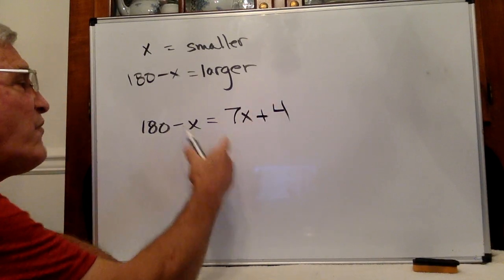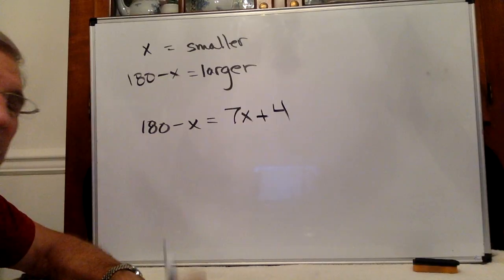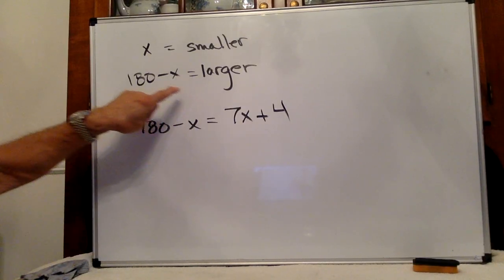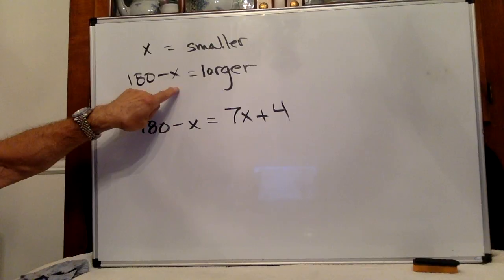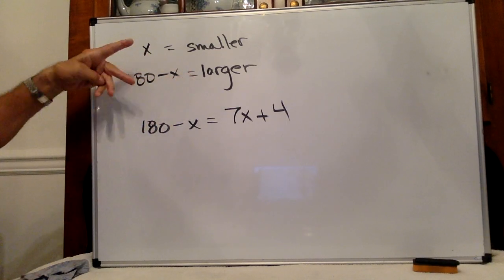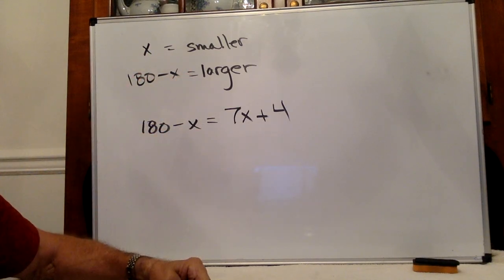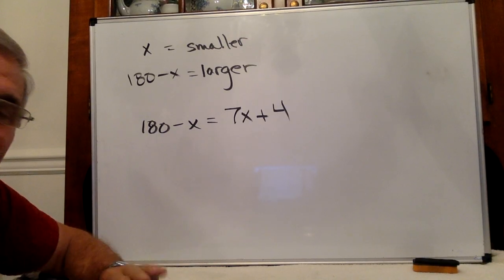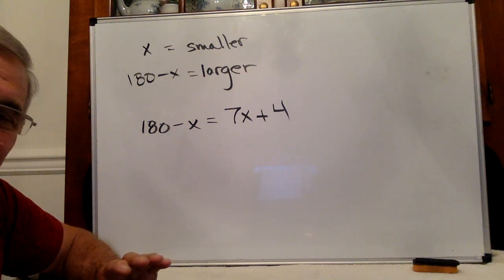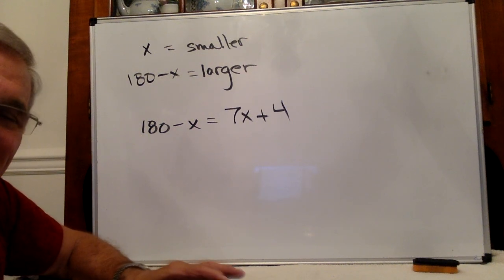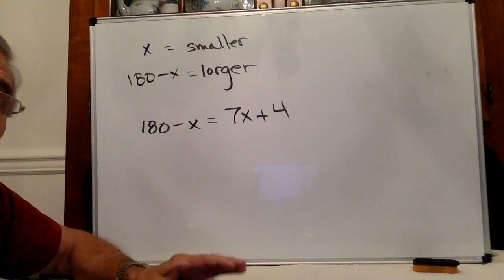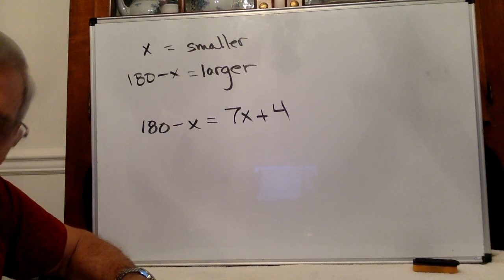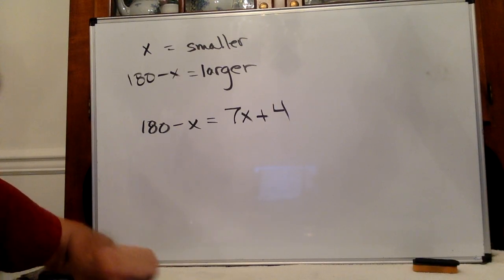And this is 4 more than 7 times the smaller. That's why I picked the x to be the smaller and this to be the larger. If you flip these, you're just going to have a bigger multiplication. More margin for error. Always try and pick it so that when you actually have to do the problem out, there is a less chance of making a multiplication or subtraction error or an addition error.